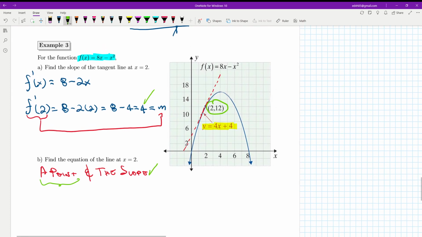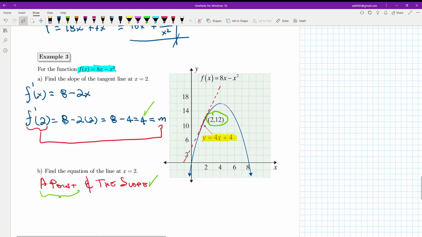But sometimes they're not going to give us that point in the instructions of the problem, or they're not going to give us the graph of the function. If that were the case, all you need to do is find f of 2 to find the y value corresponding to the x value of 2.